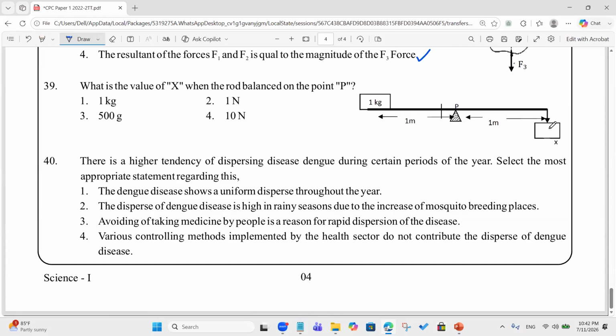It is 1 kilogram. They have given 10 Newton as well. Do they expect us to write the weight? No. What's the value of X? If you take this one also, I think it's okay.